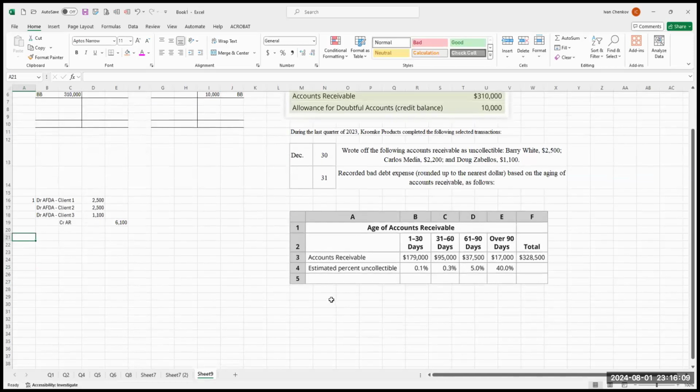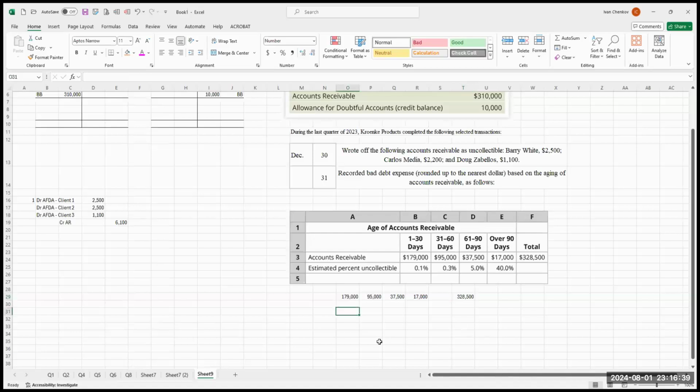What can we get from the aging method? First we can get the numbers. We have first number is 179,000. Second number is 95,000. Then we have 37,500, and then we have 70,000. All together, that equals 328,500.